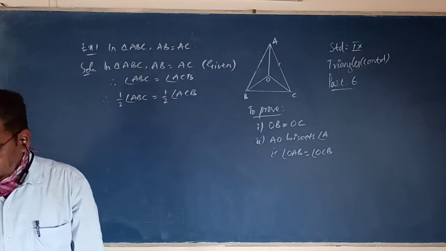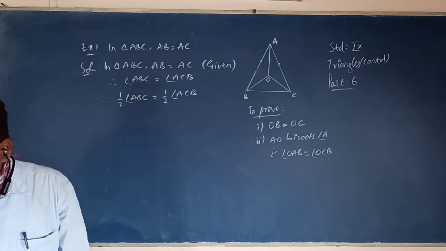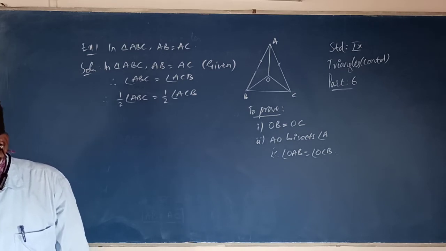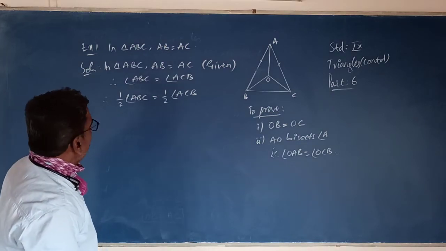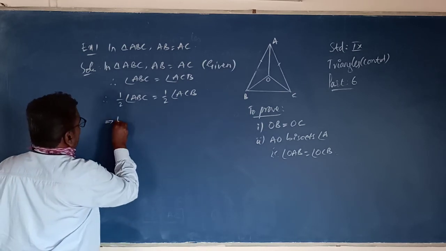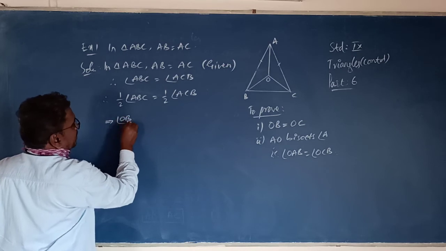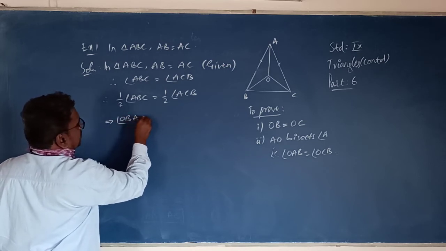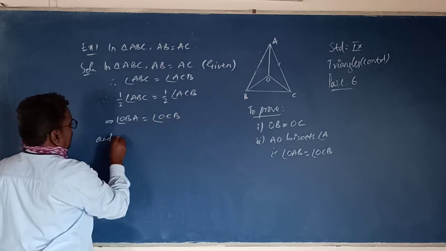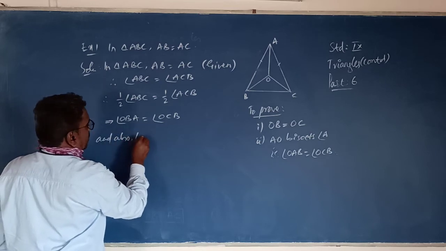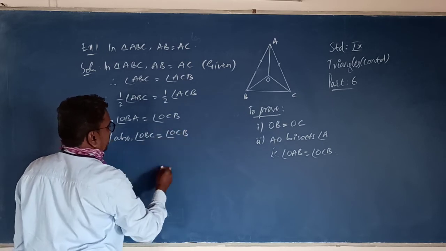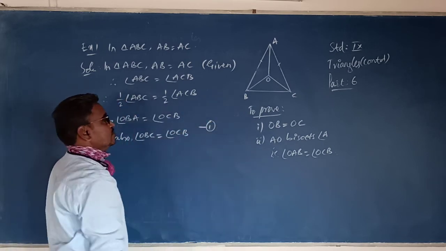Therefore, it implies angle OBA is equal to angle OCA, and also angle OBC is equal to angle OCB, for this equation number 1.